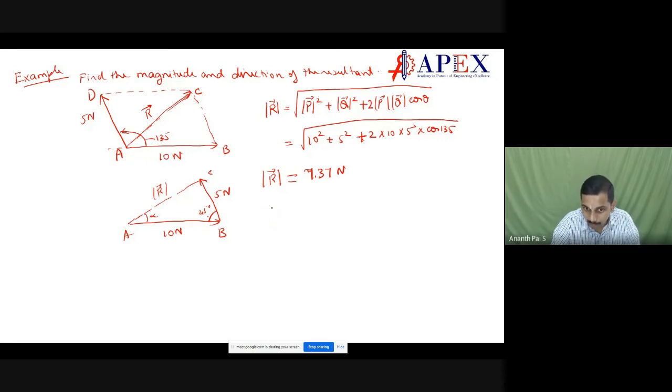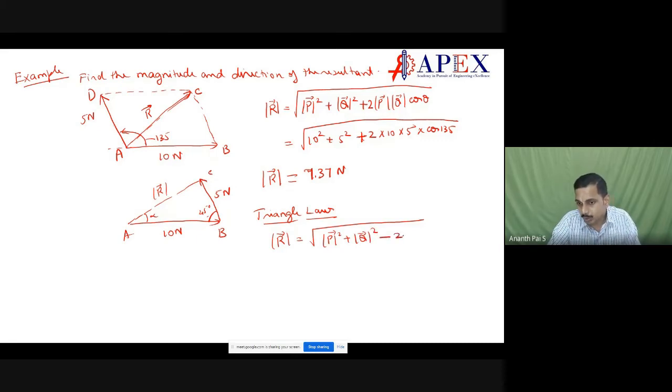When you go for triangle law, my R becomes equal to the square root of P square plus Q square, instead of plus, it is minus 2PQ cos theta, where theta is the angle between P and Q. Got the things?